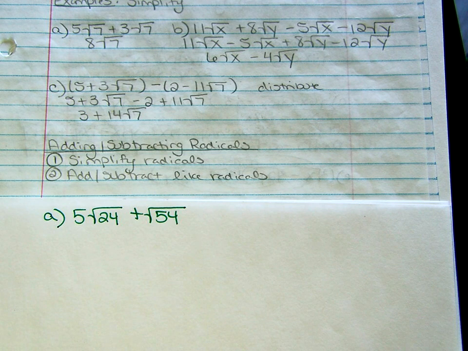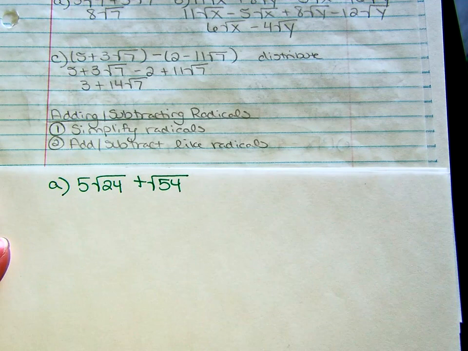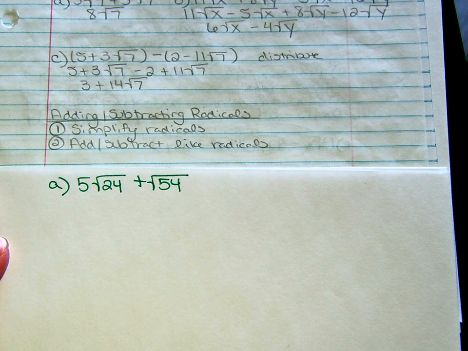And so what I need to do is work through and think, okay, what are some perfect squares that might come out of 24 and 54. It doesn't necessarily mean they're going to have the same things come out or the same things simplify. But I want to pull things out of my radicals so that they are simplified. So remember in 11.3, we had a list of kind of our top squares.